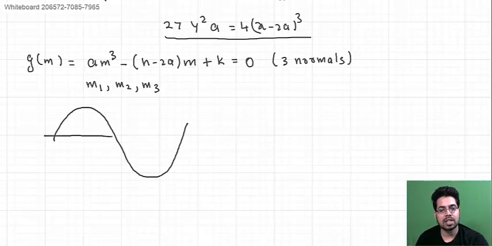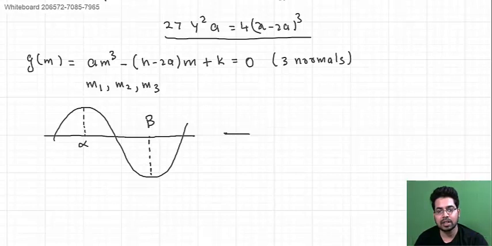Let's say we have this as the x-axis, so it is going to cut the curve at three different points, and let's say the x coordinate of this point, alpha, is where the local maxima is attained, and the x coordinate of this point is beta, where the local minima is attained.